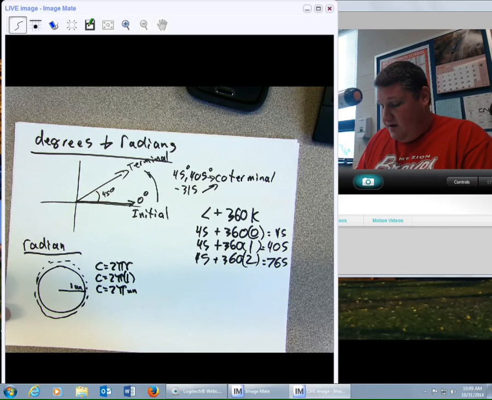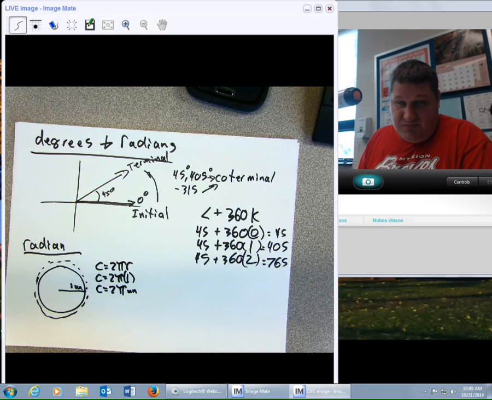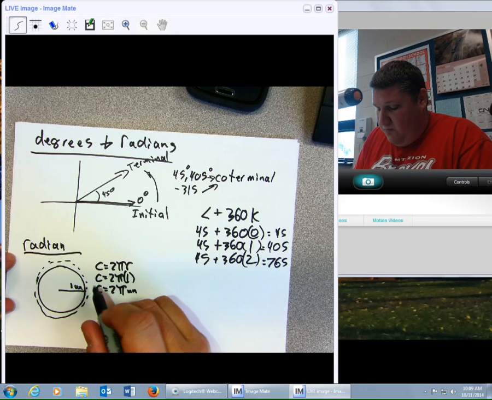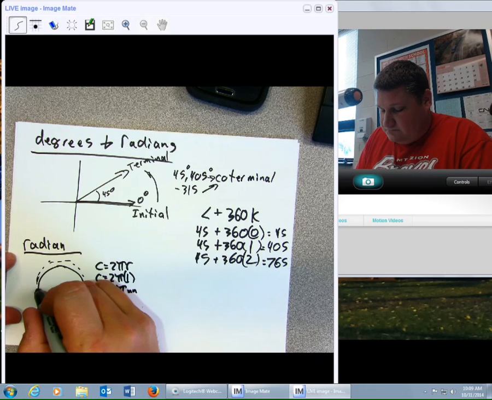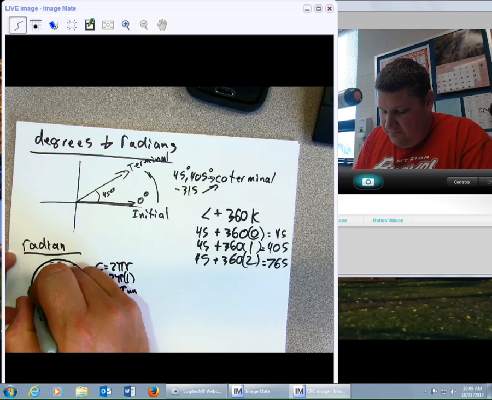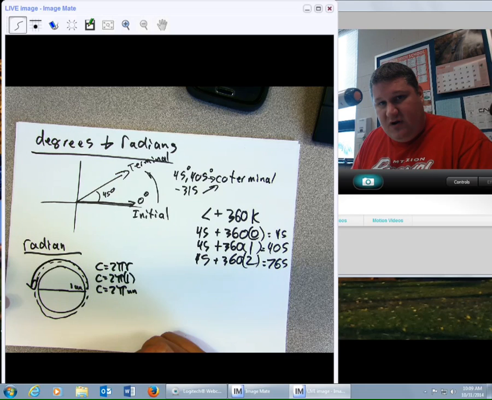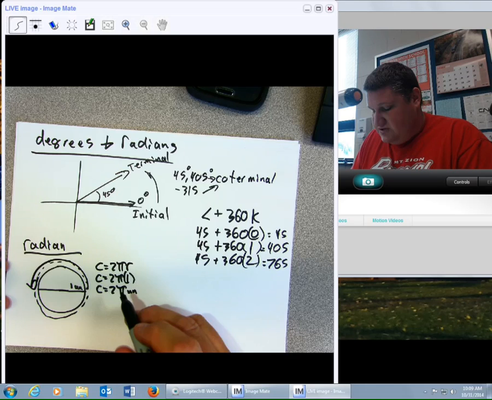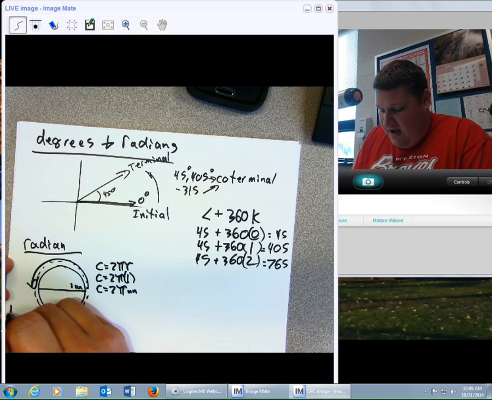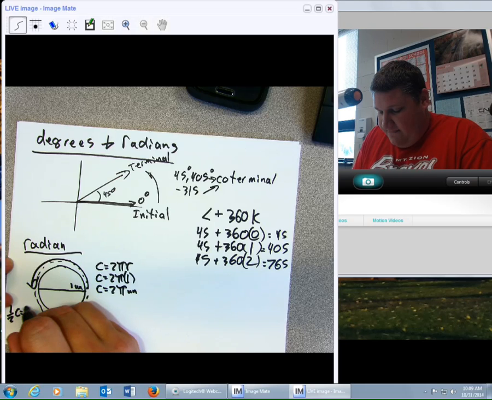Now, I don't know what the units are, so we just put units. Now, if I wanted only to go halfway around a circle whose circumference is 2 pi, well, half of a circumference is going to be 2 pi divided by 2, or pi.